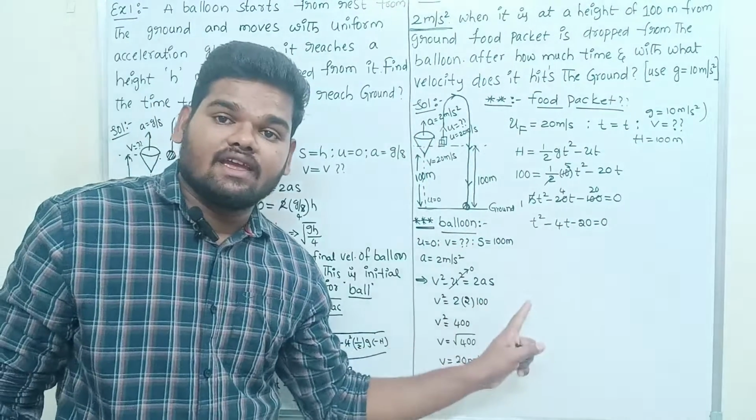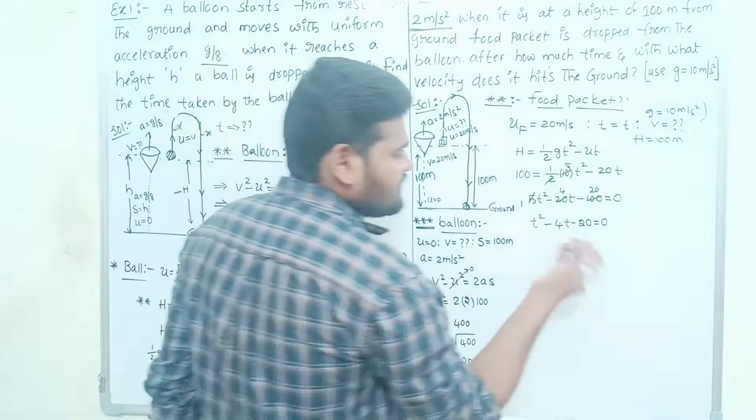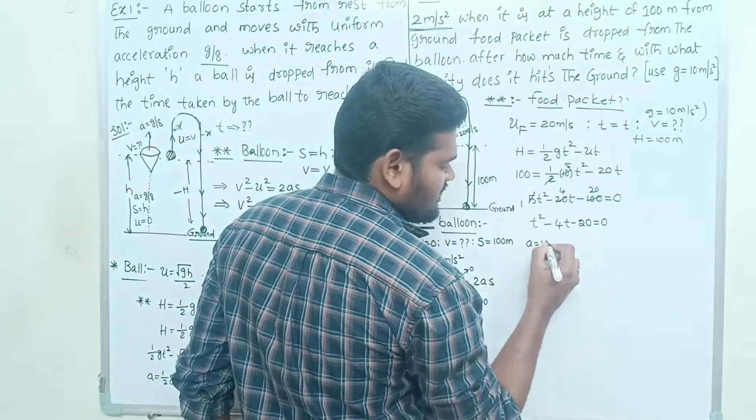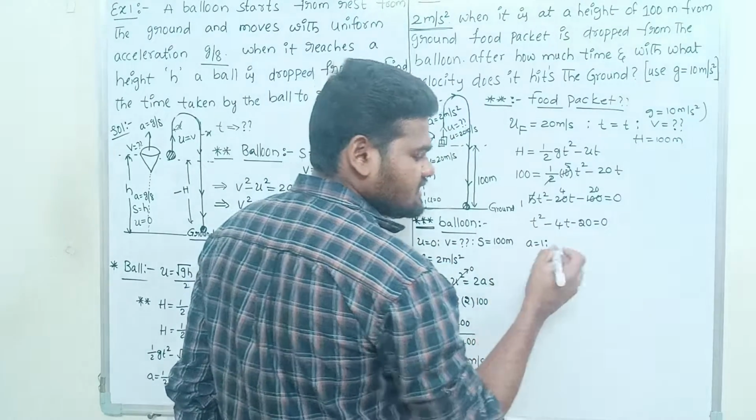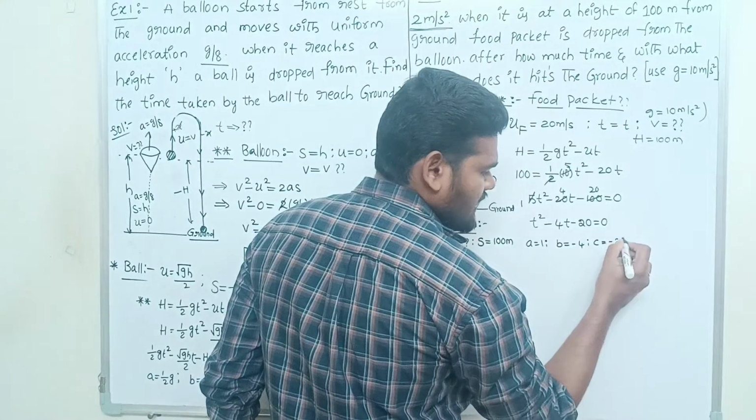The equation is in the form of a x square plus b x plus c is equal to 0. So a is equal to 1, b is equal to minus 4, and c is equal to minus 20.